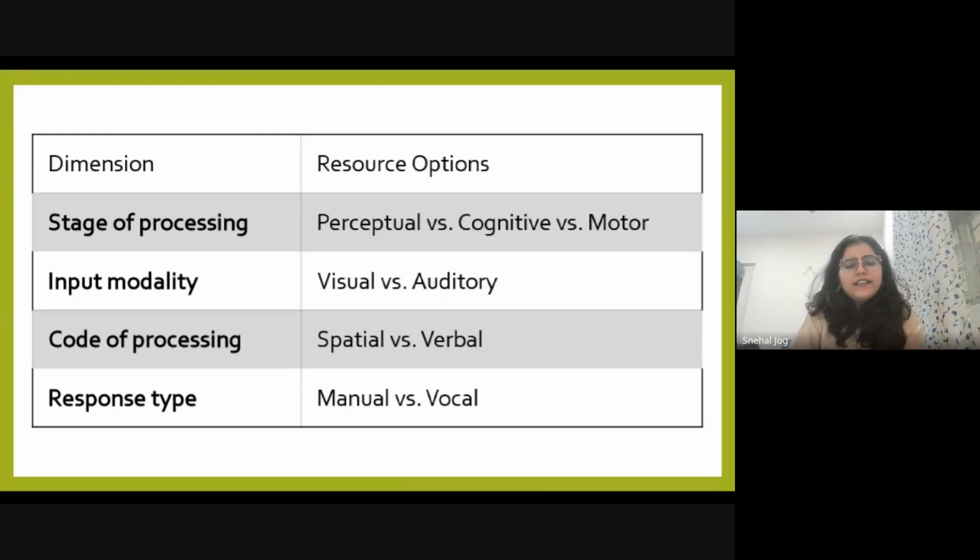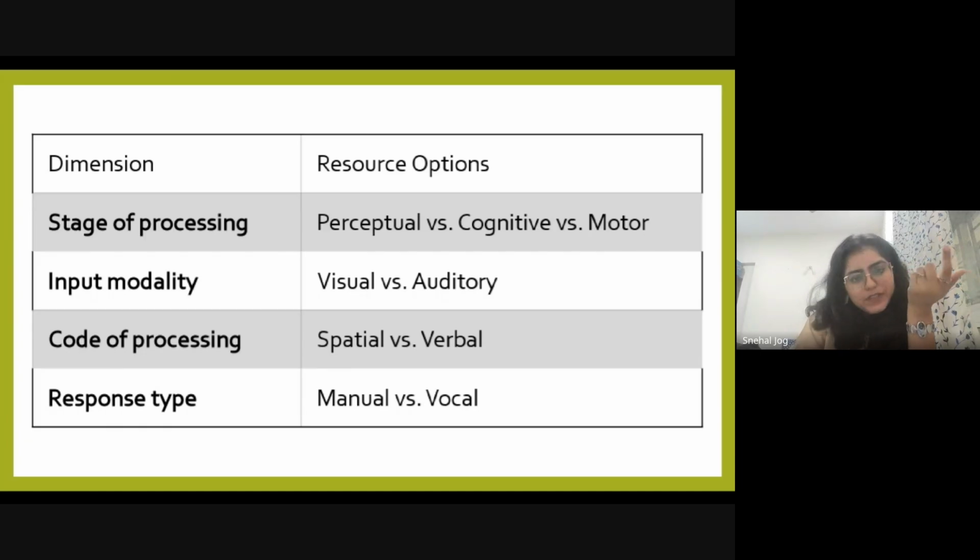Okay. Now, when I say perceptual stage of processing, it has to do with, let's say, seeing something in front of you. If I'm looking at a traffic signal, red, green, yellow, when I'm trying to process that, that is not a motor stage of processing.